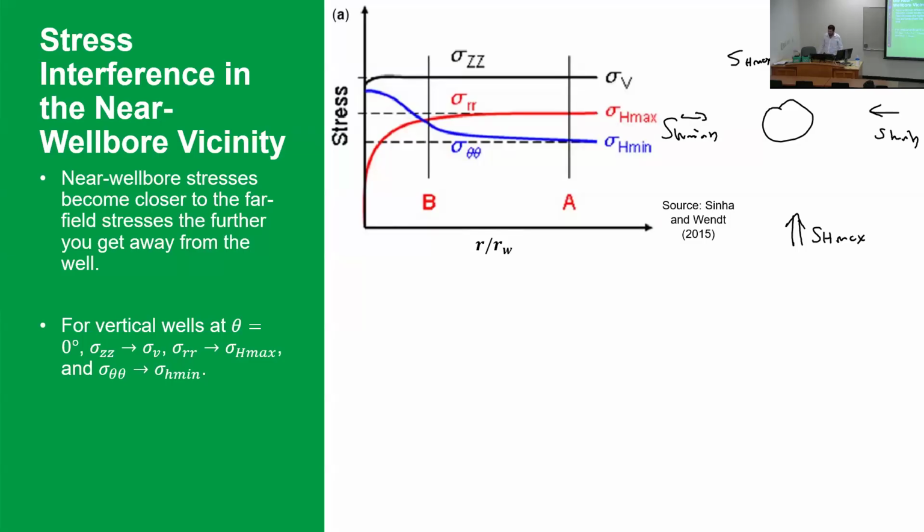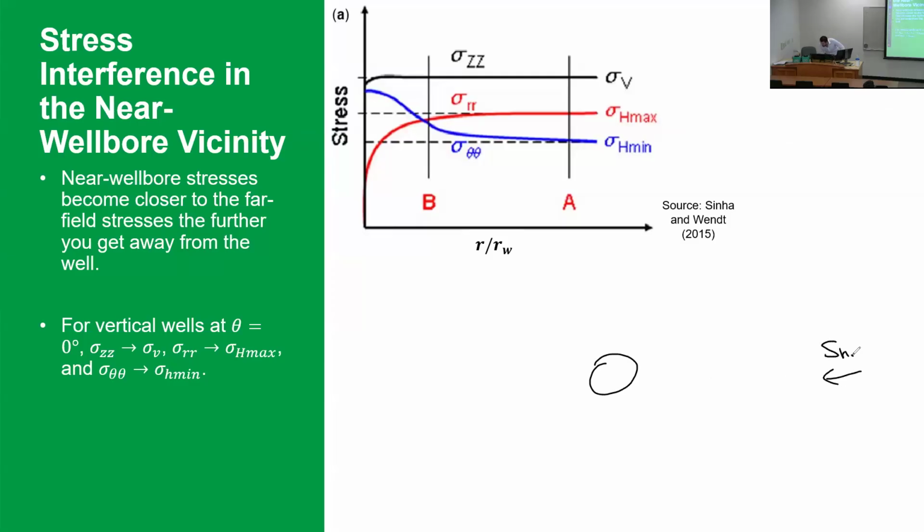Okay, this is my well. This is my SH min, this is my SH max, this is my SH min, and then I have another SH max here. Now, I have PW here.